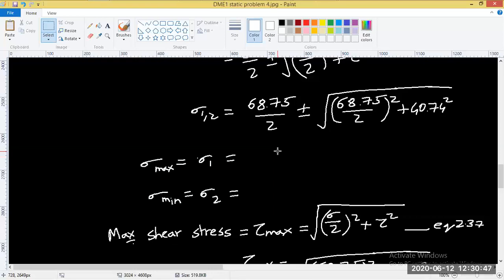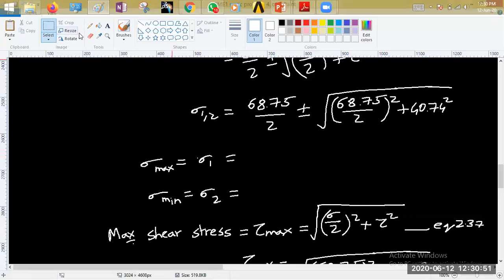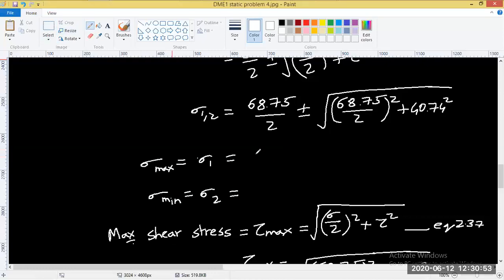Okay, so I'm getting the maximum stress, that is sigma 1. You can just check with me with the answer. I'm getting 87.69 Newton per mm squared positive, whereas the minimum stress is negative.